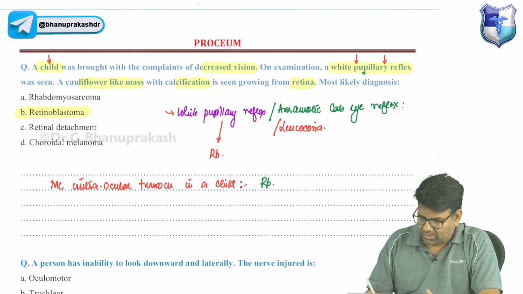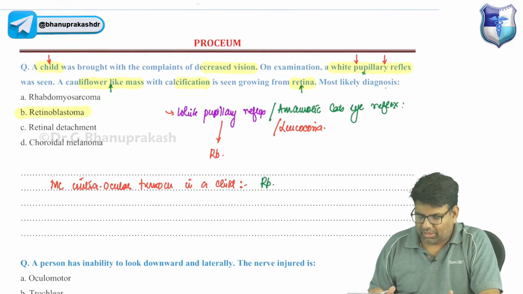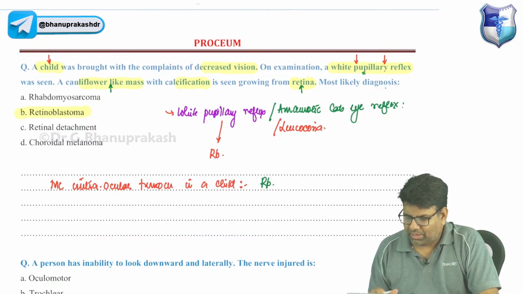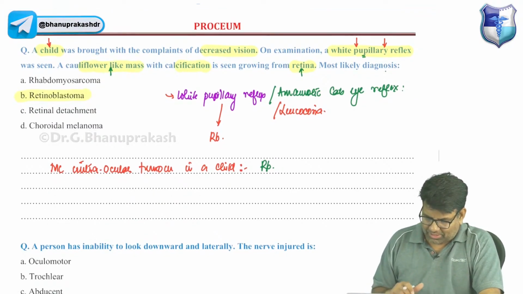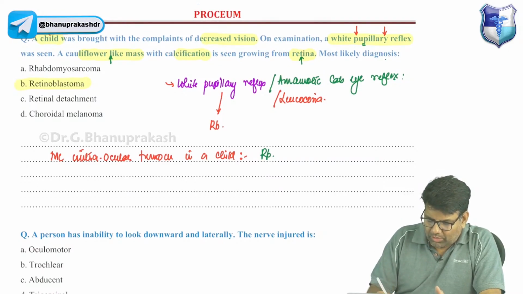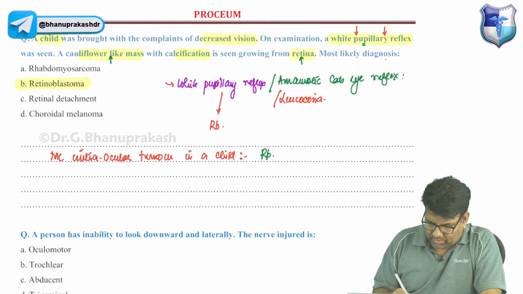So this is retinoblastoma, cauliflower-like mass, giving rise to amaurotic cat's eye reflex or leukocoria. Right? So this is retinoblastoma, and here you need to remember a few things more, like what we will see on histopathology.